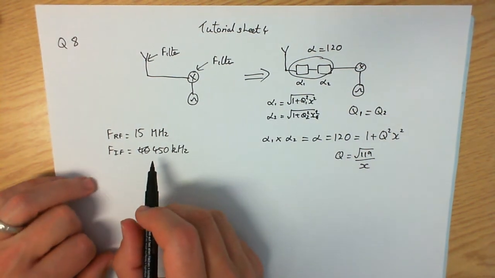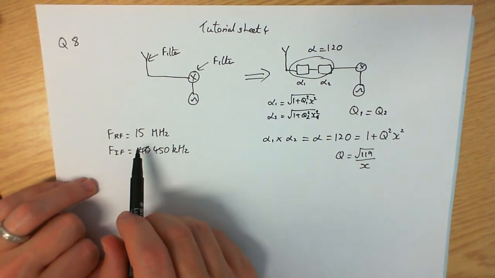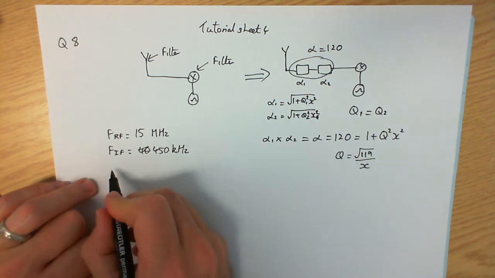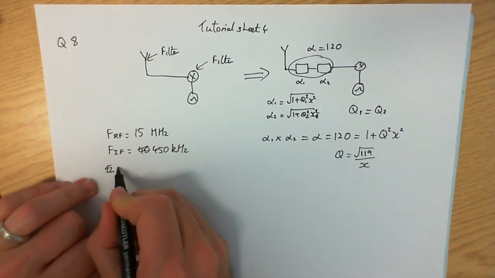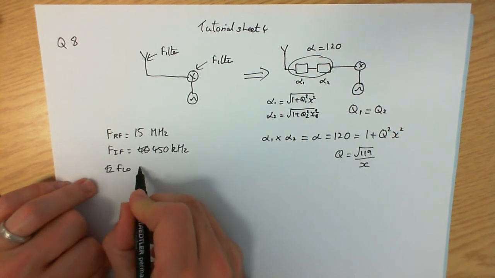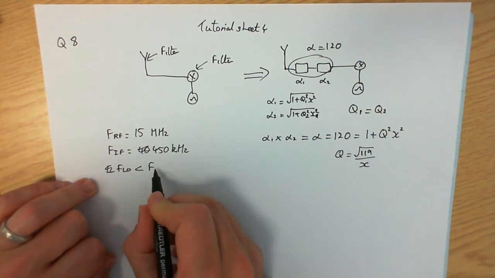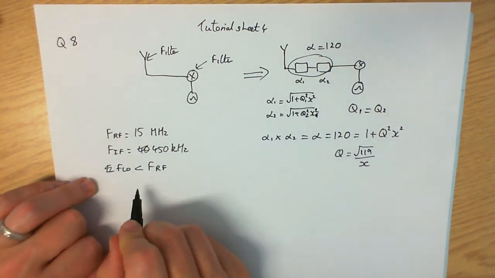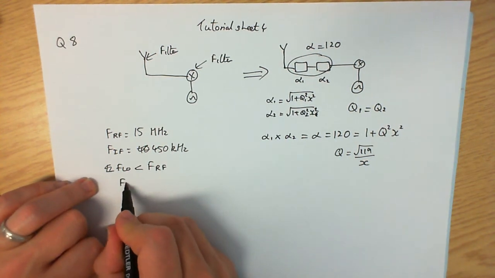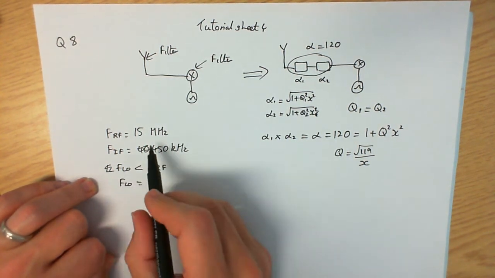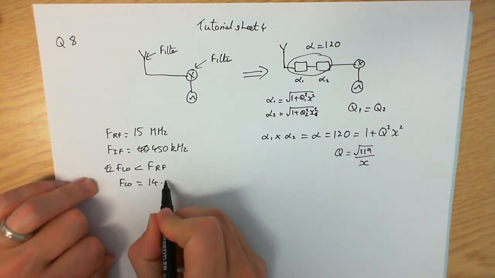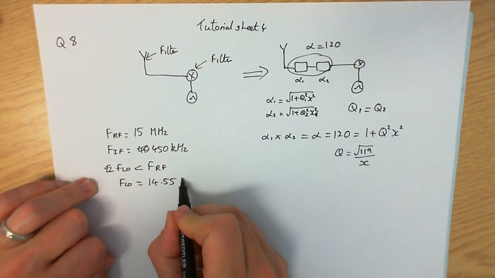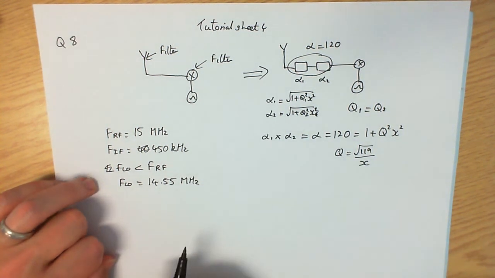The question also says to assume that the local oscillator is below the RF. So our local oscillator frequency is going to be the difference between these two, which is 14.55 megahertz.